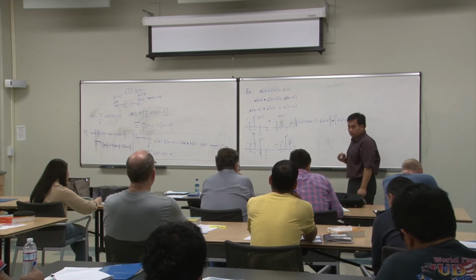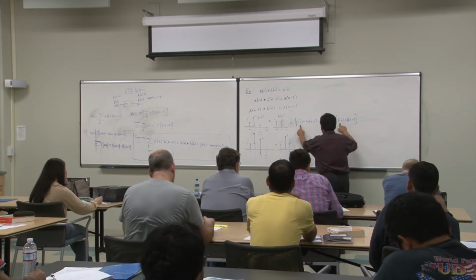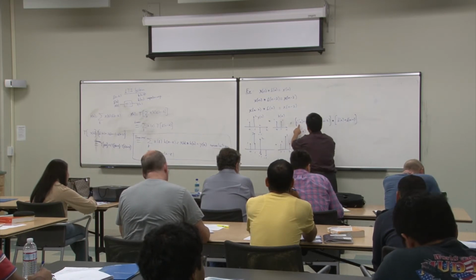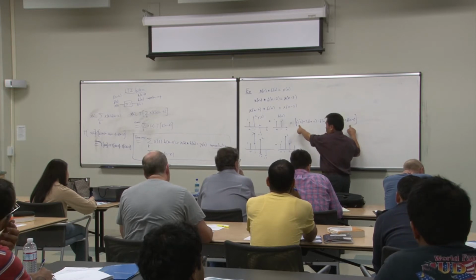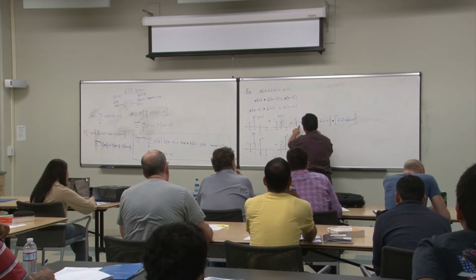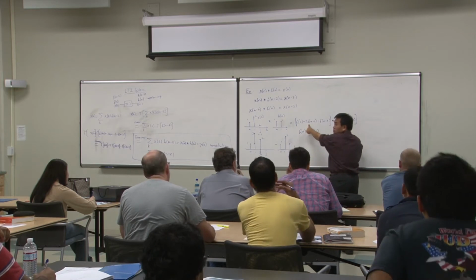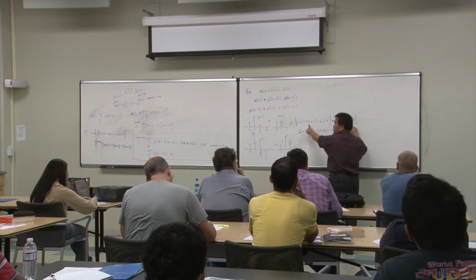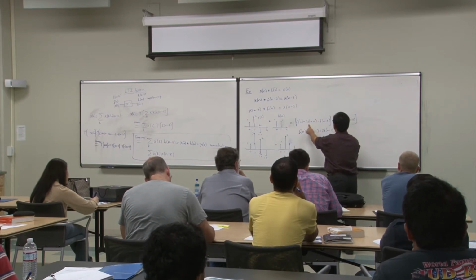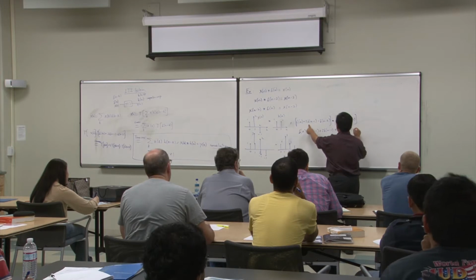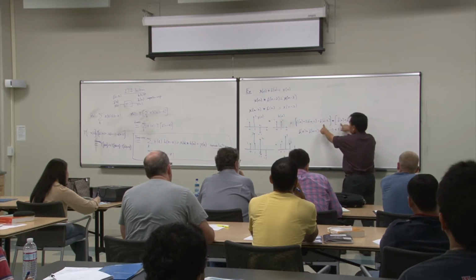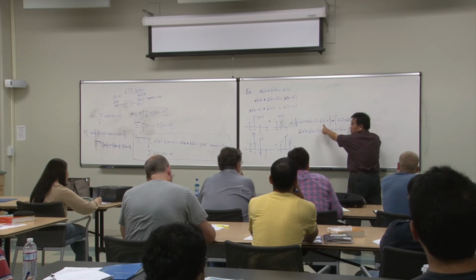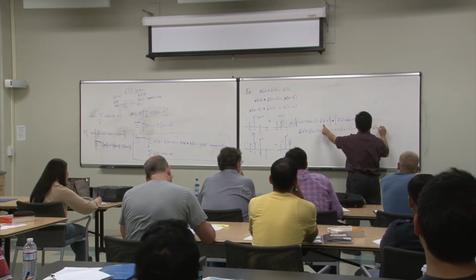So, what do I get? This with this: delta n. This and this: delta n minus 1. This and that: 2 delta n minus 1. This and this: 2 delta n minus 2. This and that: minus delta n minus 2, and minus delta n minus 3.